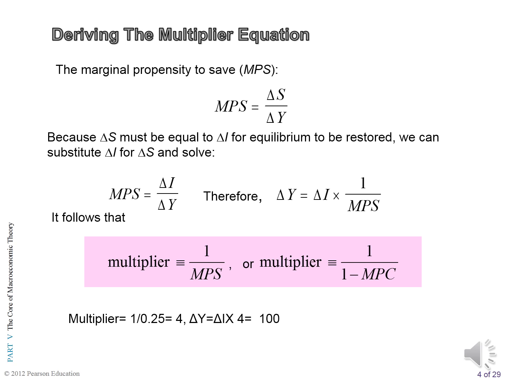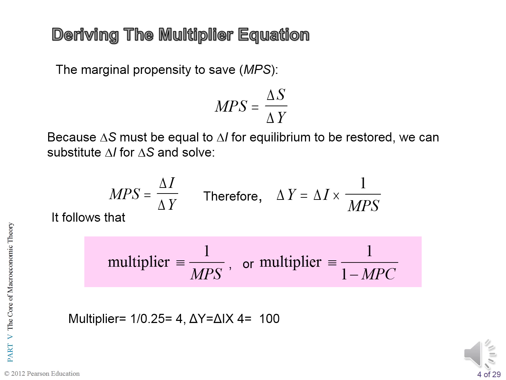Okay, 4 times the initial increase in investment. This is the meaning of multiplier. Okay, a $25 increase of investment causes $100, meaning 4 times this increase, in output.